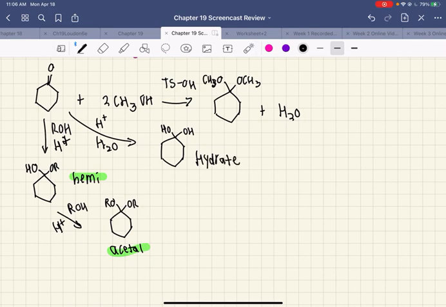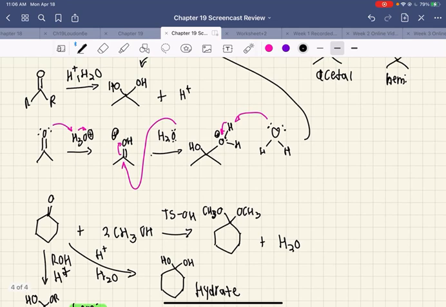Those are the three, and this is the basic mechanism for all that occurs. It's just a mix of deprotonation and transfer of lone pairs that yield the products.